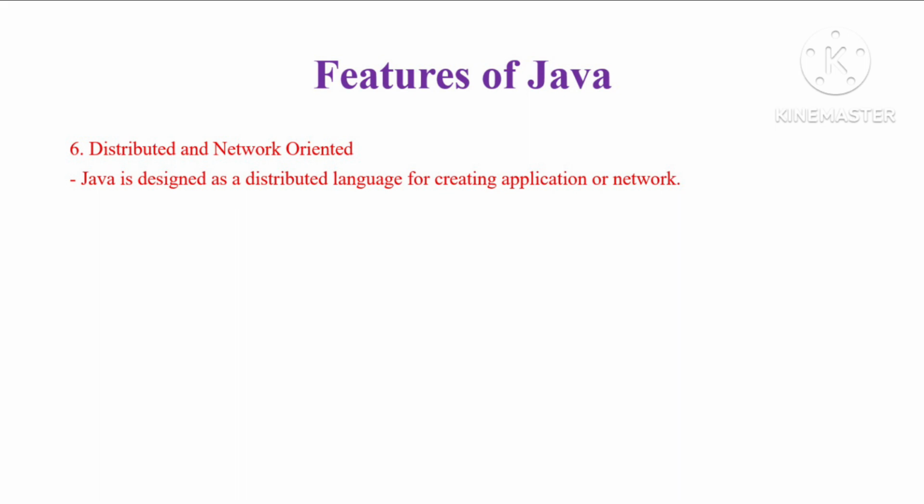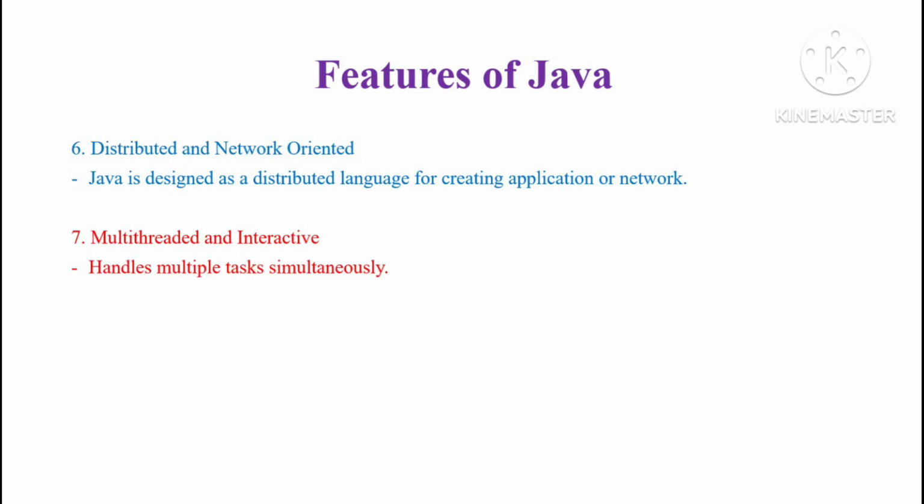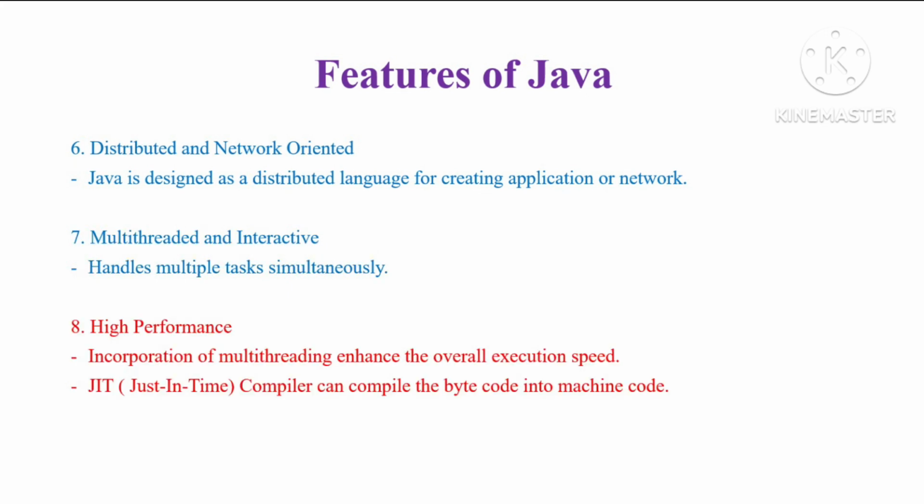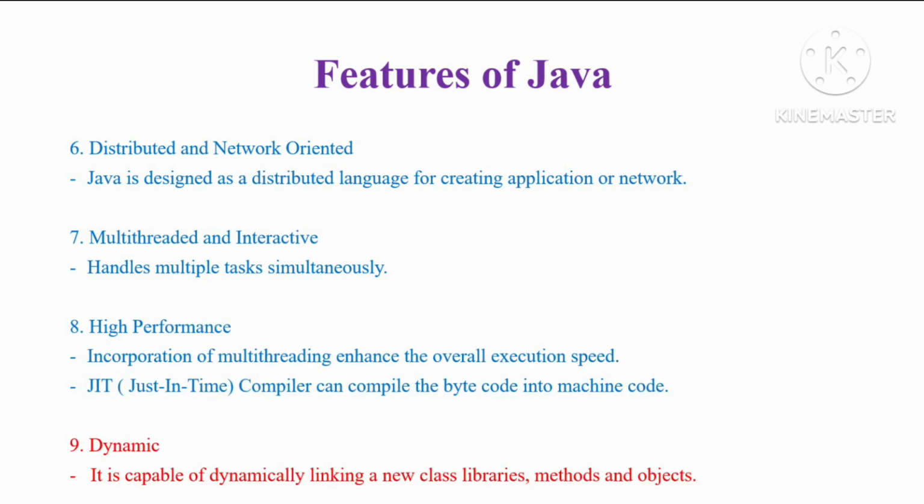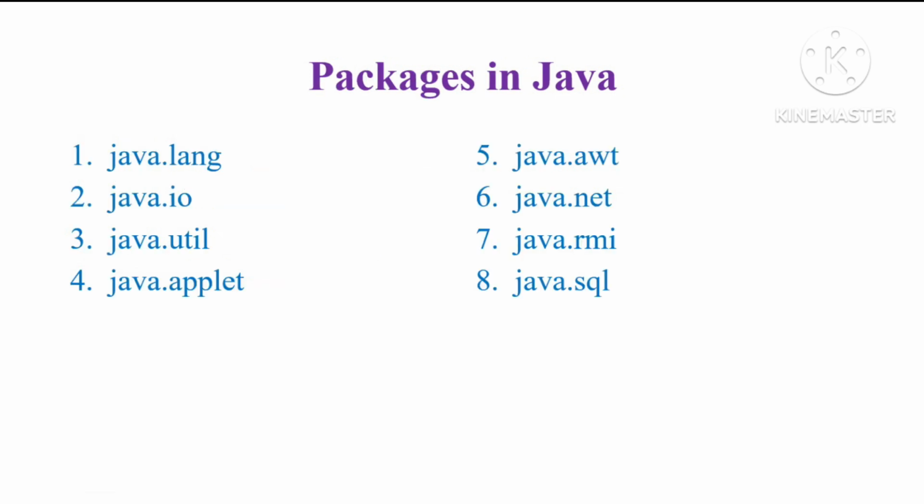Java is designed as a distributed language for creating applications on a network and it handles multiple tasks simultaneously. It also provides high performance, in which incorporation of multi-threading enhances the overall execution speed, and it is dynamic in nature.